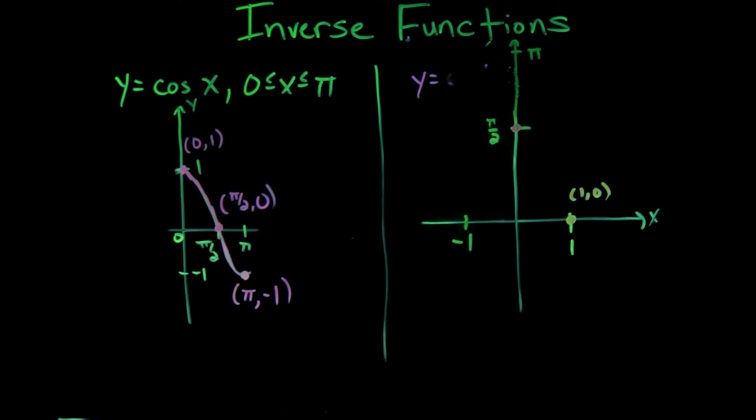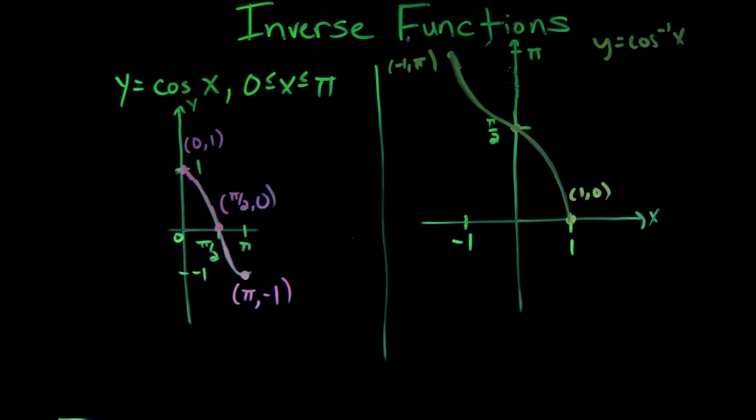I just haven't left myself quite enough vertical room here. So we'll have a point at -1, pi. Okay, so then we connect these 3 points, okay, and we get a graph that looks like this.